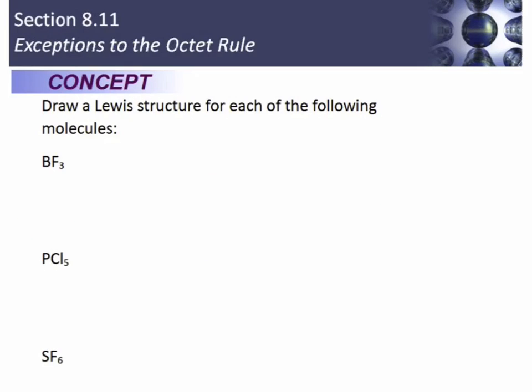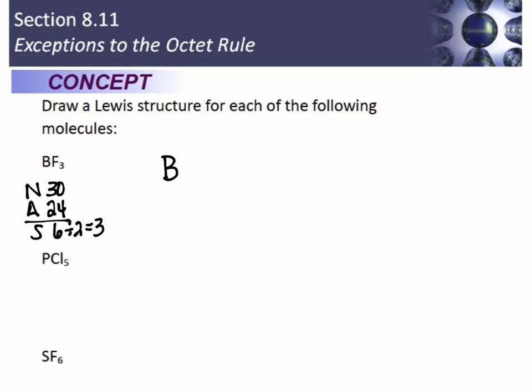So BF3, needed, available, shared. How many are needed? 30. How many are available? 7 times 3 is 21, plus the 3 from boron. Shared is 6 divided by 2 gives me 3 bonds.